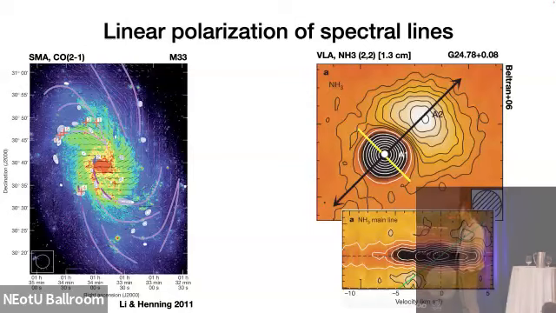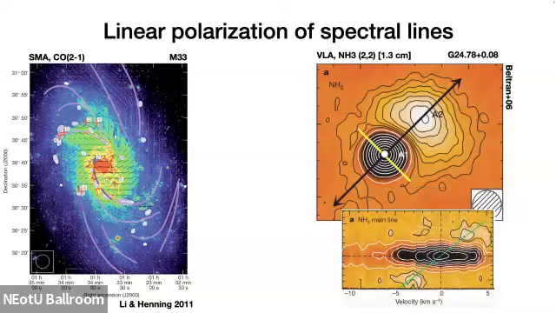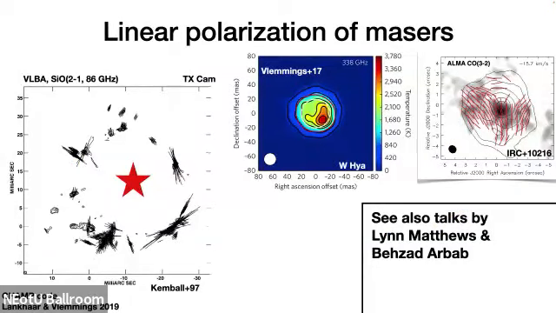Let me say also a few things about masers, and for this I'm focusing on SiO masers. These are VLBA observations of SiO towards the evolved star TX Cam, where the SiO is in a maser ring around the evolved star. And the SiO is excited right before the dust condenses and picks up the mass loss of this evolved star.